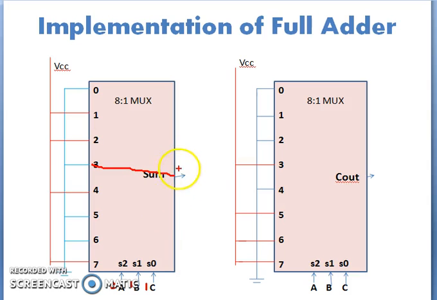As per the truth table, we expect over here 0. So if you want 0 at the output of this multiplexer, you have to apply 0 at this input. Hence, this third input is grounded.